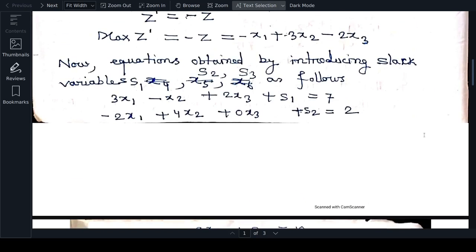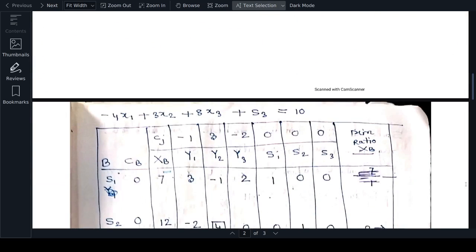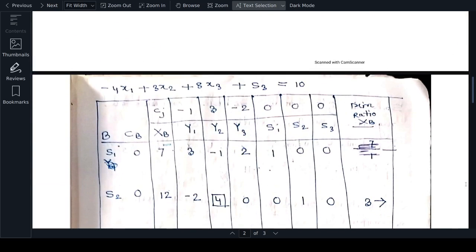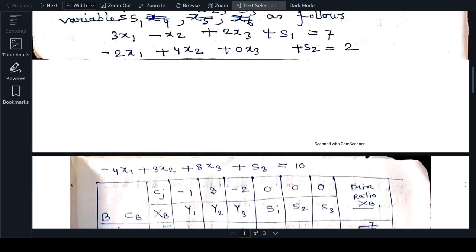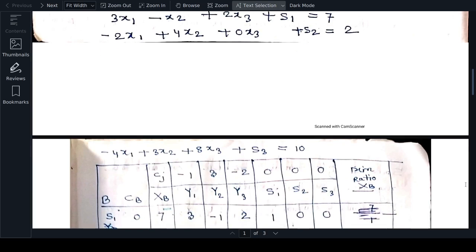Next you fill up the y1, y2, y3, s1, s2, s3 columns. The y1 column is all the coefficients of x1. What will be the value of y1 column?